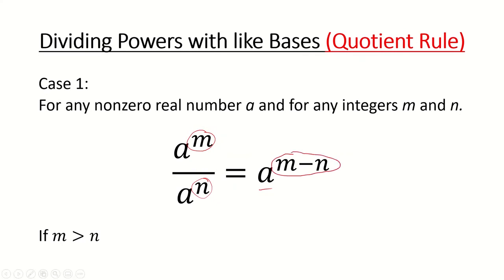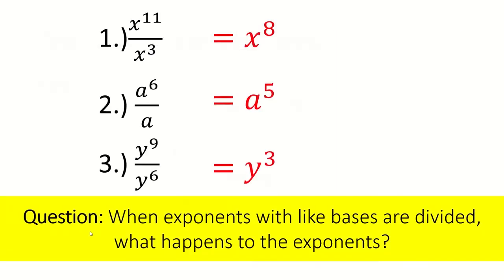That's the rule. But wait, what makes it case 1? This will only happen if m is greater than n. Going back to our examples a while ago, our shortcut is simply 11 minus 3, you'll get 8; 6 minus 1, remember that an a without any exponent is understood to be a to the power of 1, is 5; and 9 minus 6 is 3.